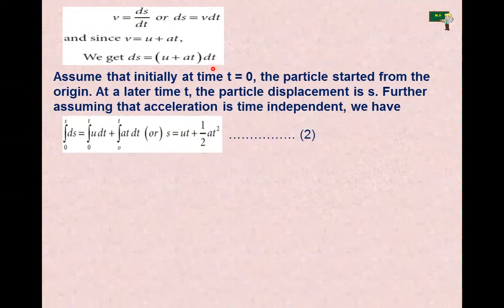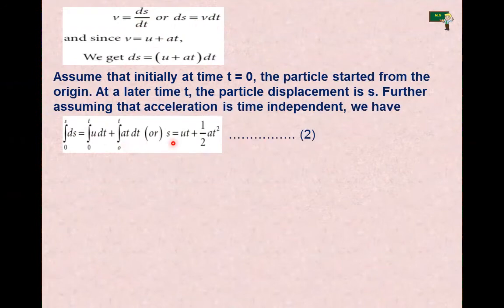Assume that initially the time is t equal to 0 and the particle started from the origin. At a later time t, the particle displacement is s. Further, assuming that acceleration is time independent, we integrate the left hand side and right hand side: from 0 to s the integral of ds, and from 0 to t the integral of u dt plus the integral of at dt.